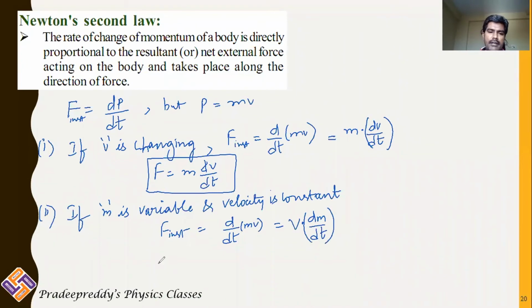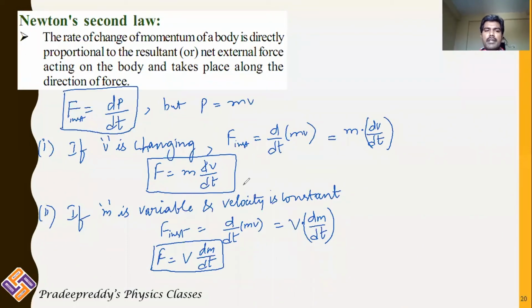So simply you can write F is equal to v into dm by dt. So that is one more equation corresponding to F instantaneous, which is equal to dp by dt. Whenever mass is variable, don't hesitate to take dm by dt by maintaining v as constant.